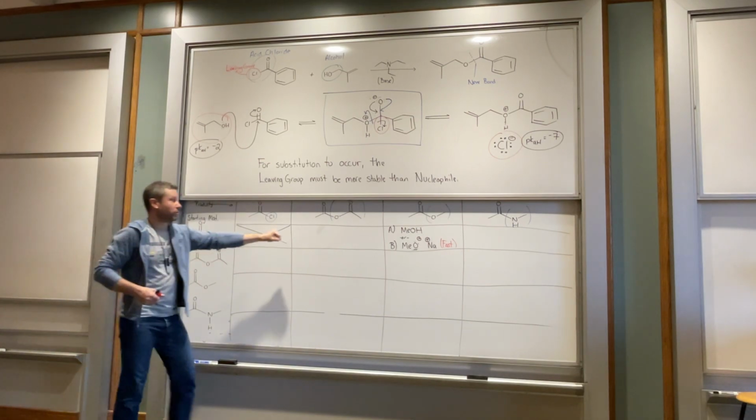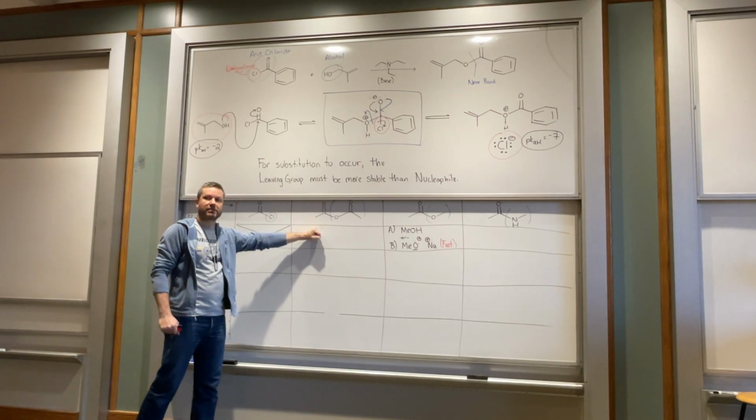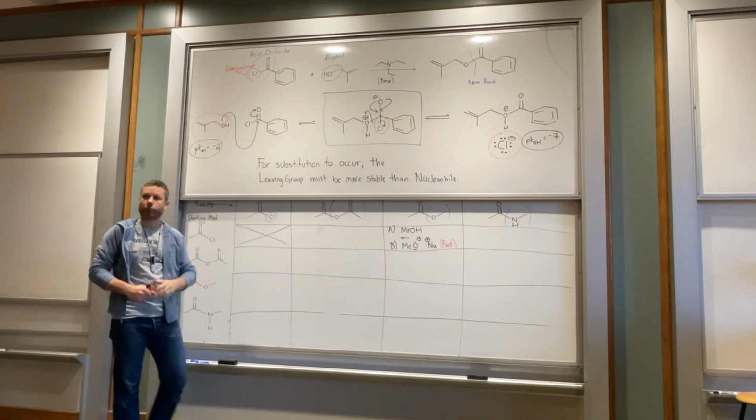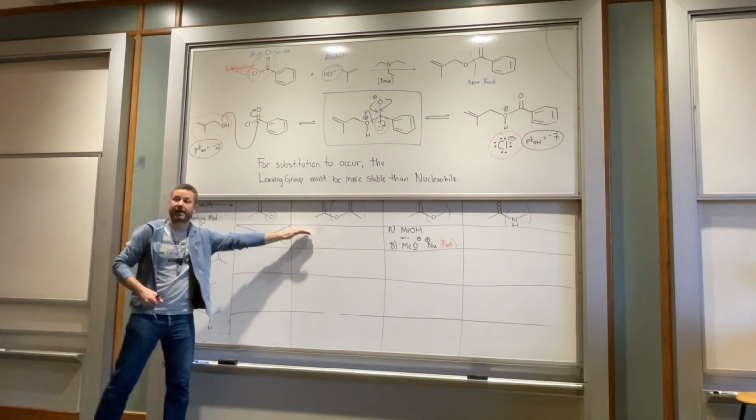Let's see how we can make an acid anhydride from an acid chloride. What would we need to add in for this specific acid anhydride?